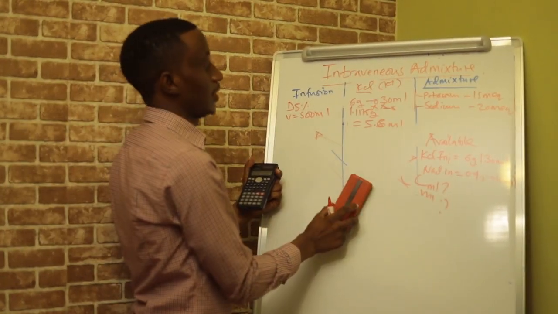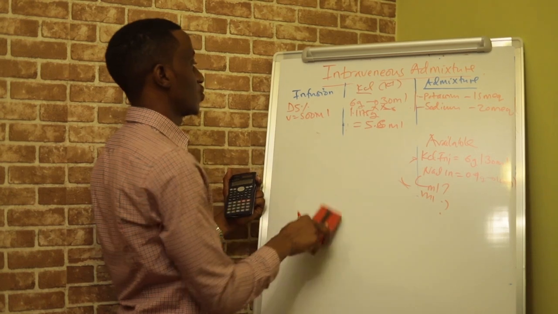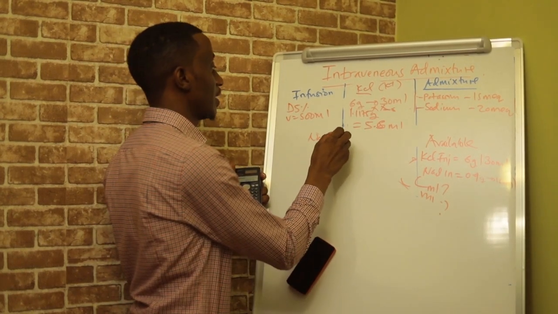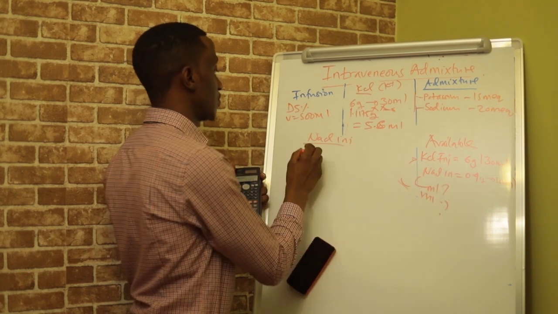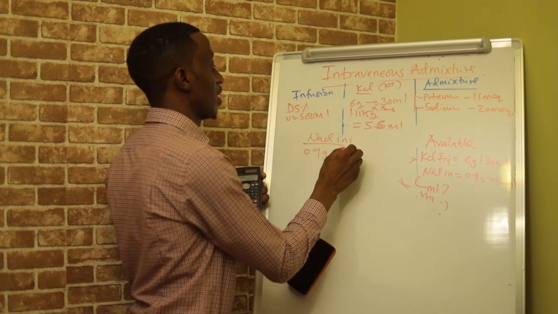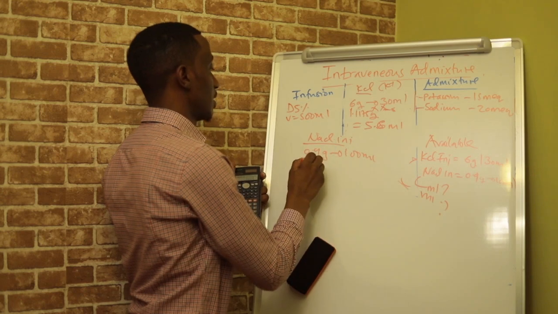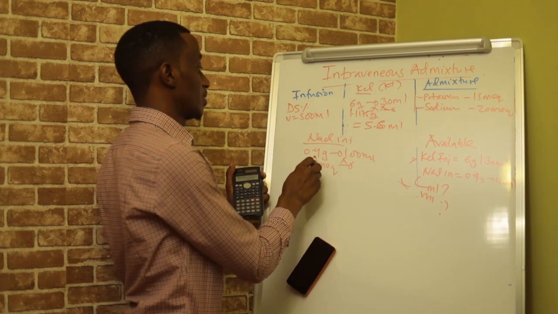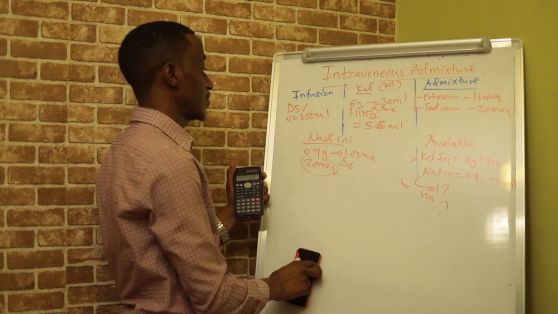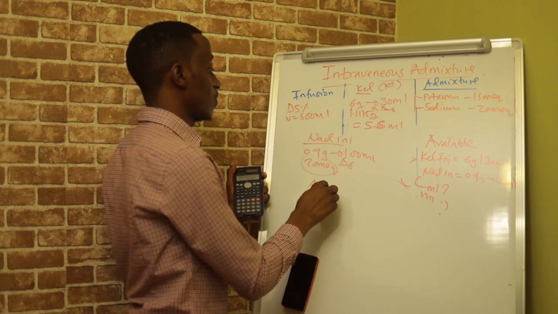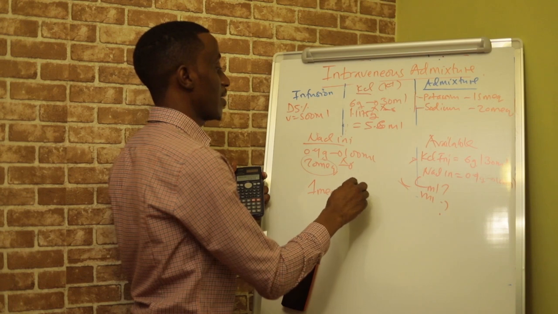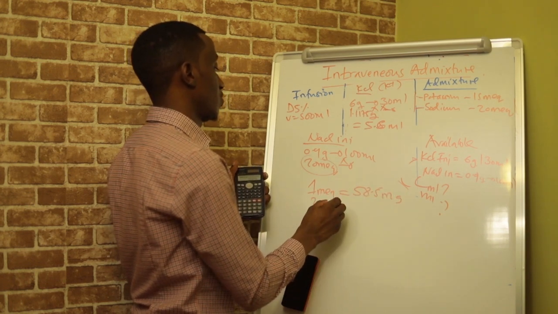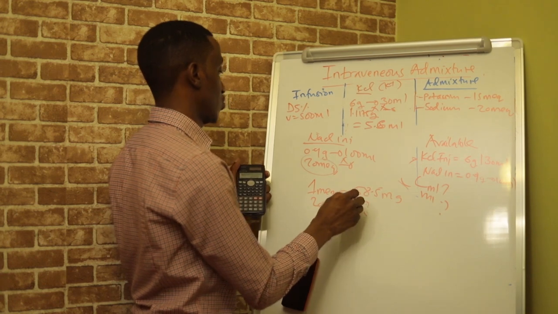Okay, to know amount of sodium to add. So sodium can be obtained from a sodium chloride injection with a concentration of 0.9 grams into 100 mils. Then 20 MEq can be obtained how? Then 20 MEq should be converted into grams. Remember that 1 MEq of sodium chloride is provided by 58.5 milligrams, and 20 MEq shall be provided by this.